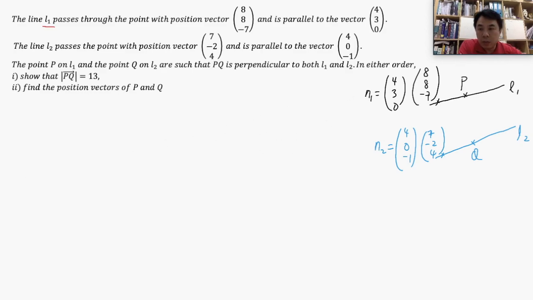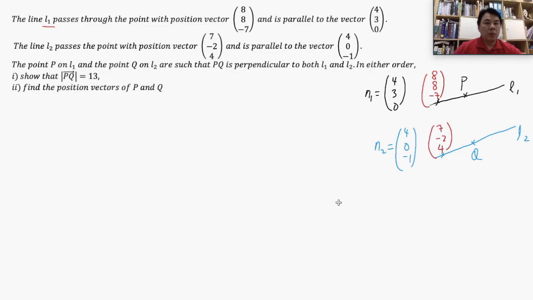Now let me clean this up, as there may be a bit of confusion later on. Let me put this down so that we know this is the point on the line, and there's another one, also a point on the line here. This one is (7, -2, 4).